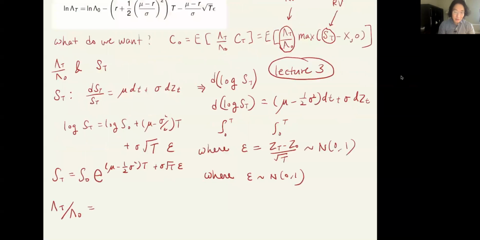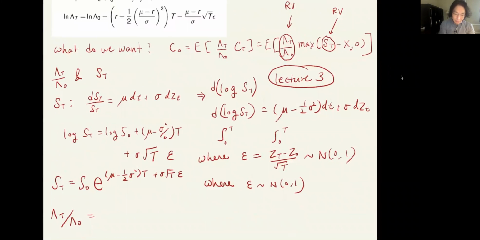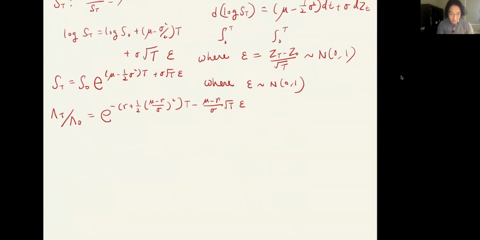Similarly, the stochastic discount factor is going to become the following, and epsilon is defined in a similar way.